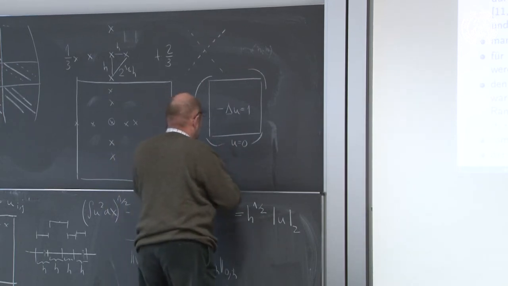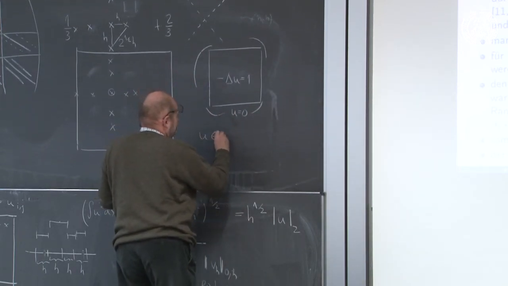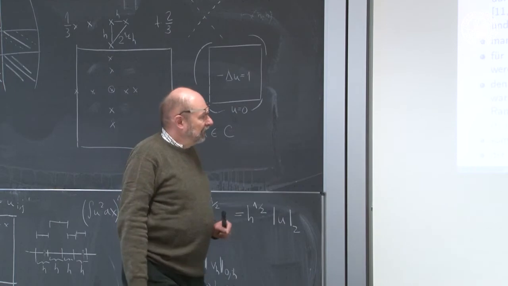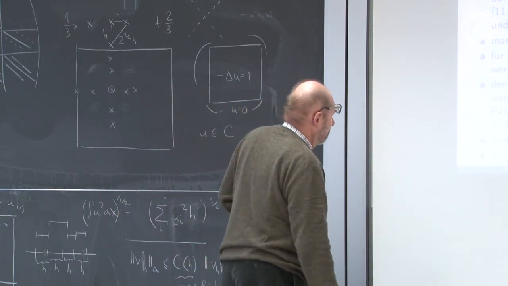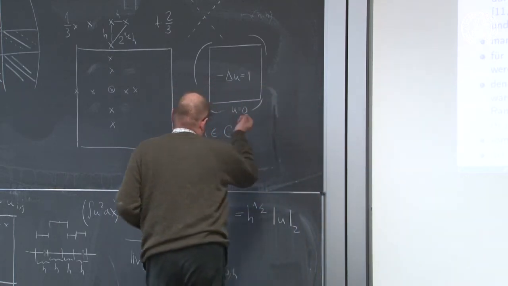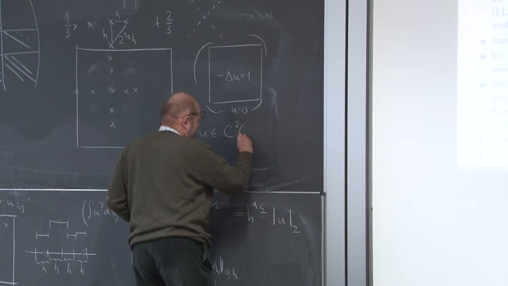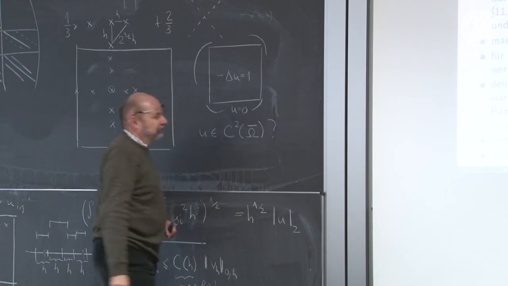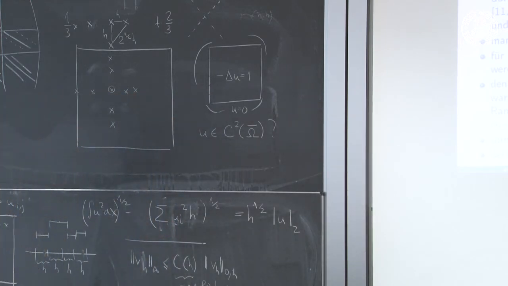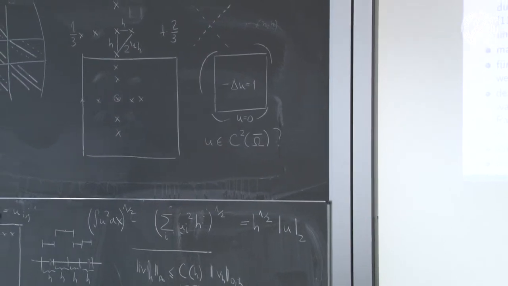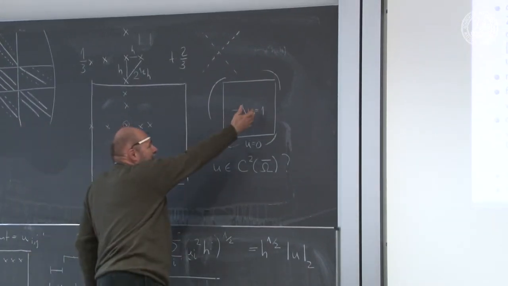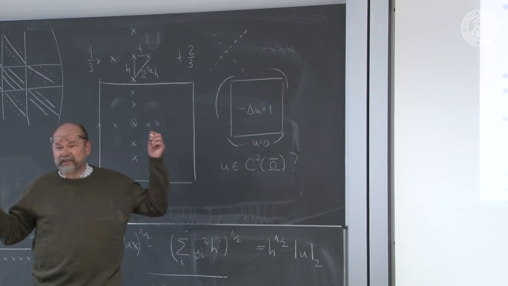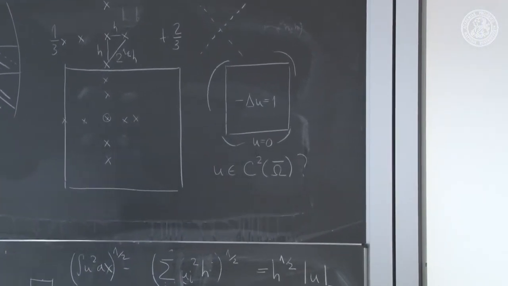And I ask myself the question, not speaking about C4, is this solution in C2 up to the boundary? What do you think? Yes or no? Infinitely smooth functions. Constant 1, constant 0. Nothing can go wrong. Or can it?